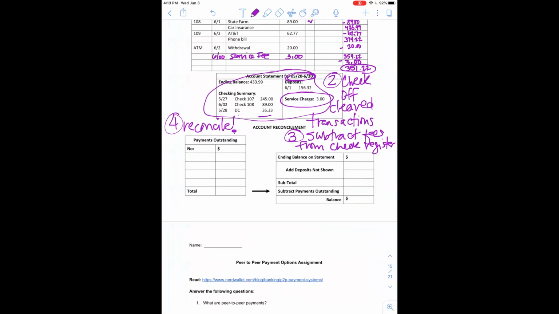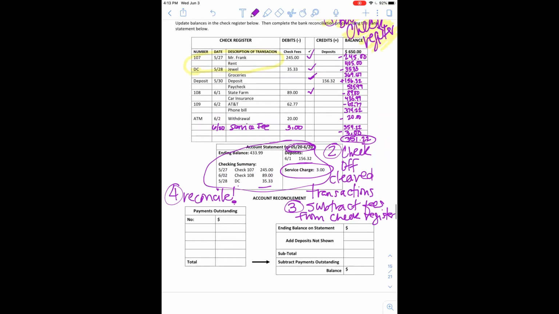All right, then the last thing we need to do is reconcile. In order to reconcile, we have to figure out what has not cleared the bank. Okay, so I have 2 transactions that have not cleared, one for $62.77 and then one for $20. Since that service fee is on, we can do that one too. So I'm going to put these here. These are both debits.